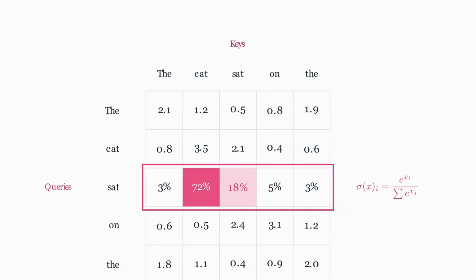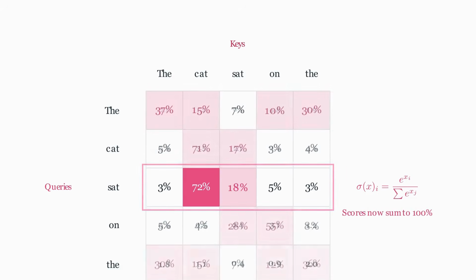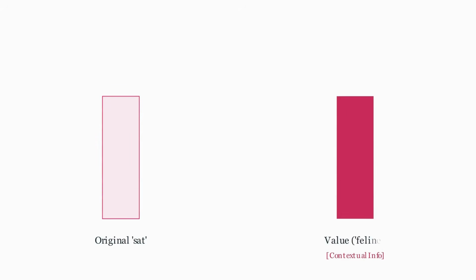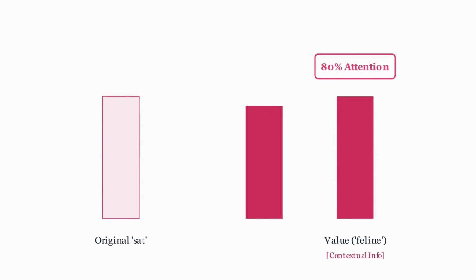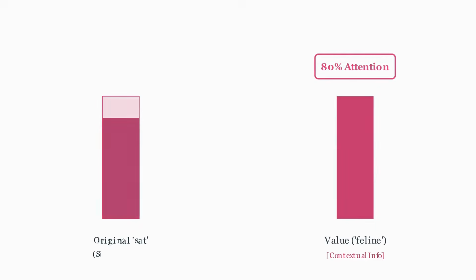In our example, the word sat might give 72% of its attention to the word cat. We then add that feline context, which is also called value in this case, into the original vector for sat, creating a new, much smarter version of the word sat.